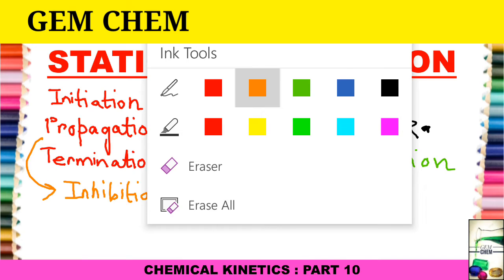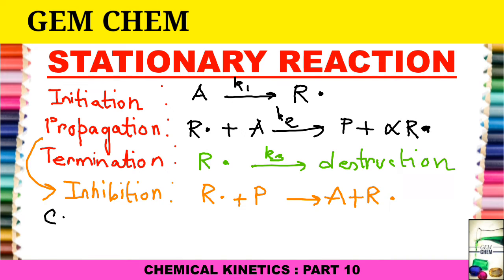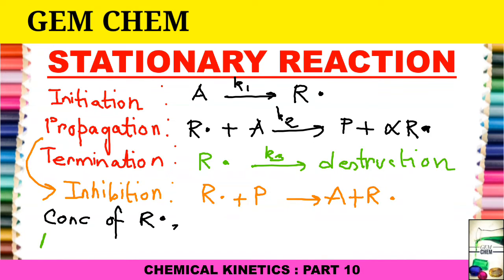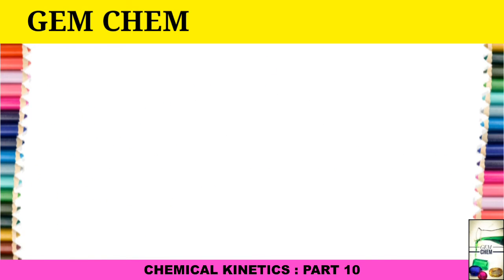Now we need to find out the concentration of R dot, because this R dot is actually our reactive intermediate. So since it is a highly reactive intermediate, we are going to apply the steady state approximation, as we have seen previously also. So when we apply the steady state approximation, we know that d[R dot]/dt will be equal to 0.